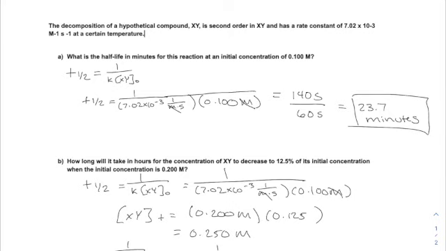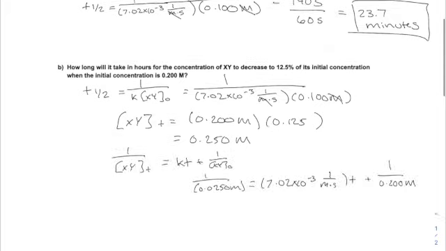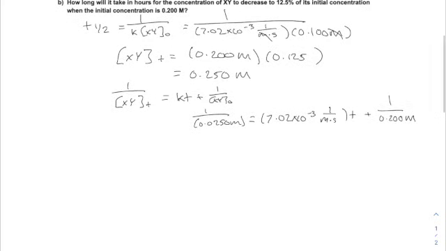And then that is going to be equal to our rate constant that we also used in part 1. Then t, which we were solving for, over 1 over 0.200 moles, which was our initial concentration.